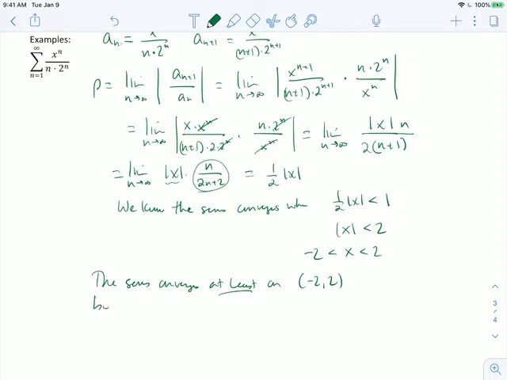But the test is inconclusive at the endpoints of the interval, and that's because I would get a value of rho equal to 1 when x is equal to 2 or -2.